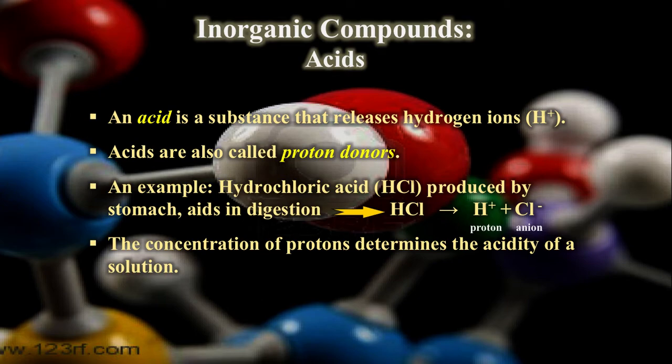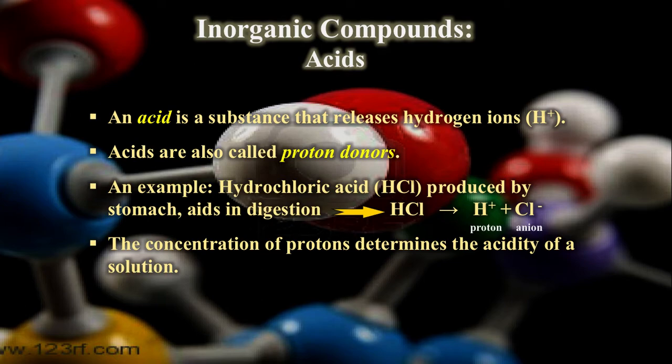First, an acid is a substance that releases hydrogen ions. So on my little cheat sheet over here, I'm going to say acids equal. We release hydrogen ions, so if there's an acid present, there's going to be a whole lot of hydrogen ions. That's the first thing on our little cheat sheet.